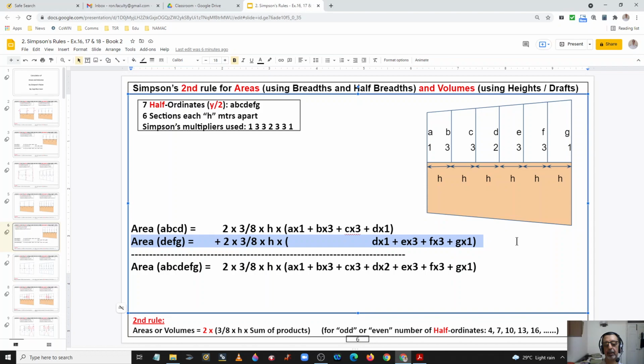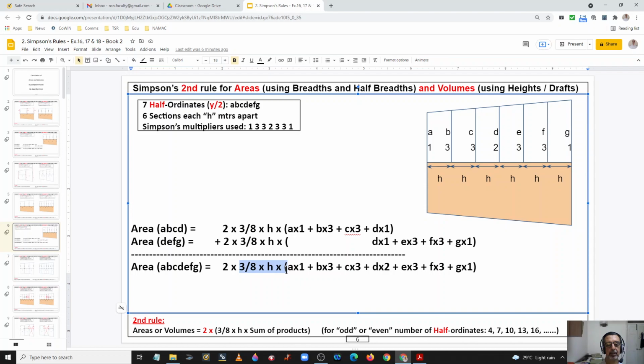And if we add up all of that, we would get the area between all the ordinates A, B, C, D, E, F, and G, 2 times, because we have used half ordinates, and the Simpson's formula is 3 upon 8 multiplied by h multiplied by, into bracket, A multiplied by 1 plus B multiplied by 3 plus C multiplied by 3.